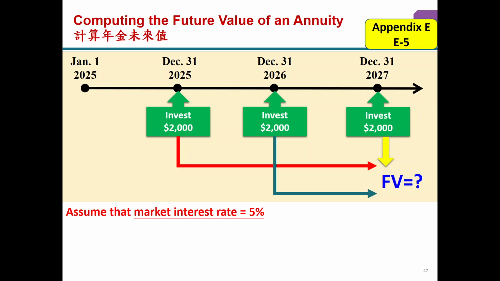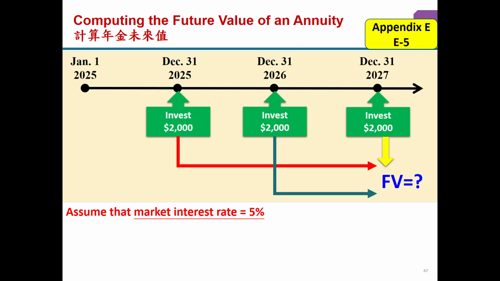Same amount for same period, 1 year, right? So this is an annuity. But what's the problem? The problem is this $2,000 is not the same as the second one, not the same as the third one. So I want to know the future value, how to get it.